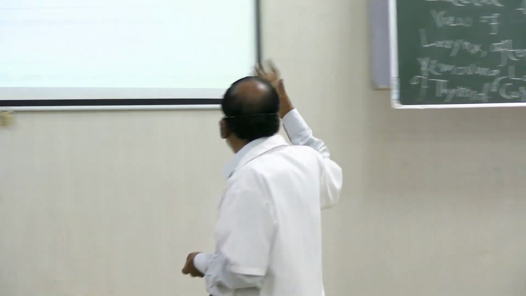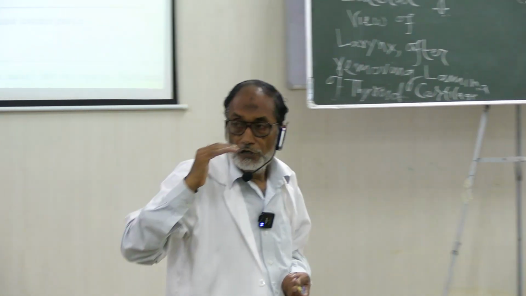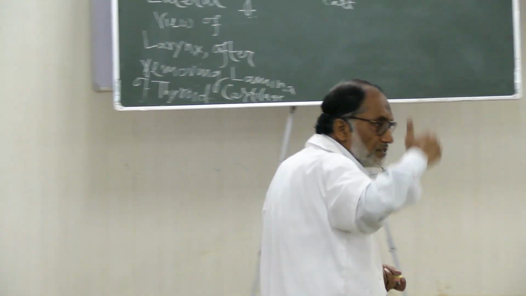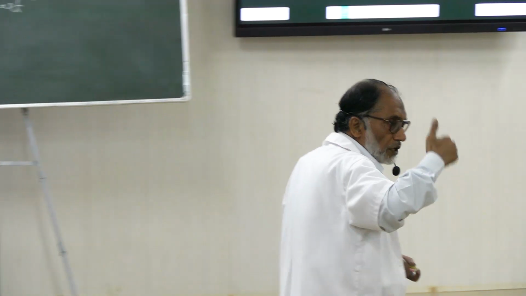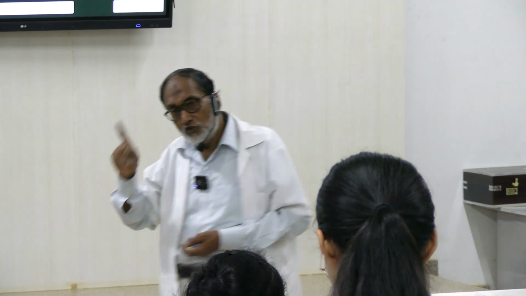In the cranial cavity, dura mater consists of two layers. One layer which lies in contact with the bone is known as the endosteal layer of the dura mater.